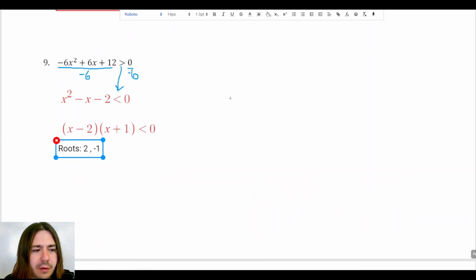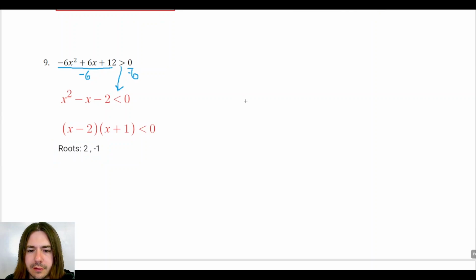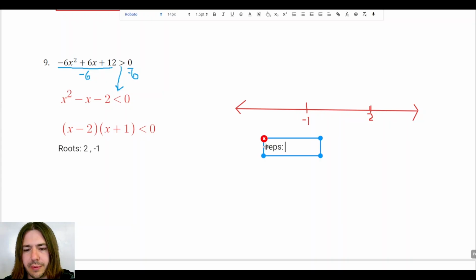So I'm going to draw my number line here. Try to get a little straighter line there. So here's -1, here's 2. The representatives that I want to choose are going to be, I don't know, -10. I'll go with 0 and 10.